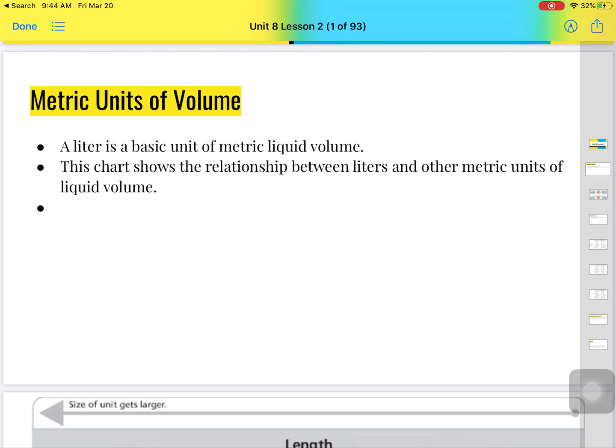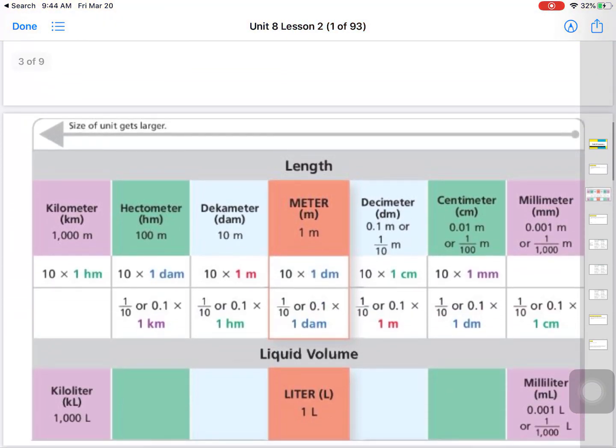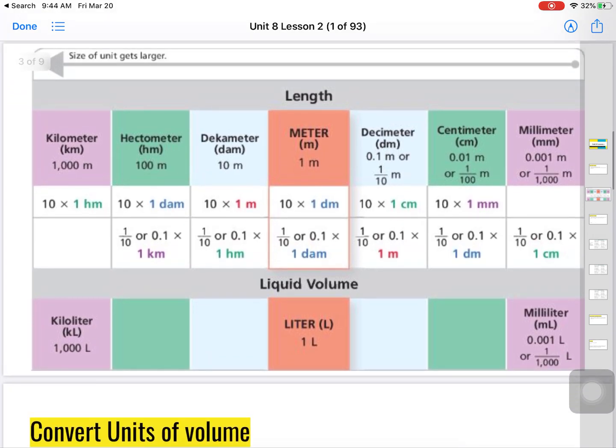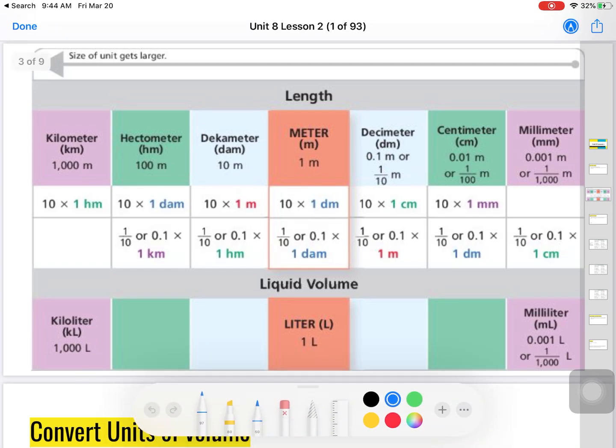The chart below shows the relationship between liters and other metric units of liquid volume. So if we look at this chart here, it looks very similar to our length. There's a little bit less within this one because we really just focus on milliliter and kiloliter and then our basic unit liter.